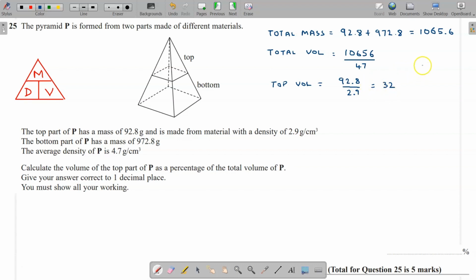All right, so the question was, what percentage is that of the total volume? Well, we just have to do a percentage calculation. So it's 32 divided by this fraction here. I can just make a copy of that and bring it down.